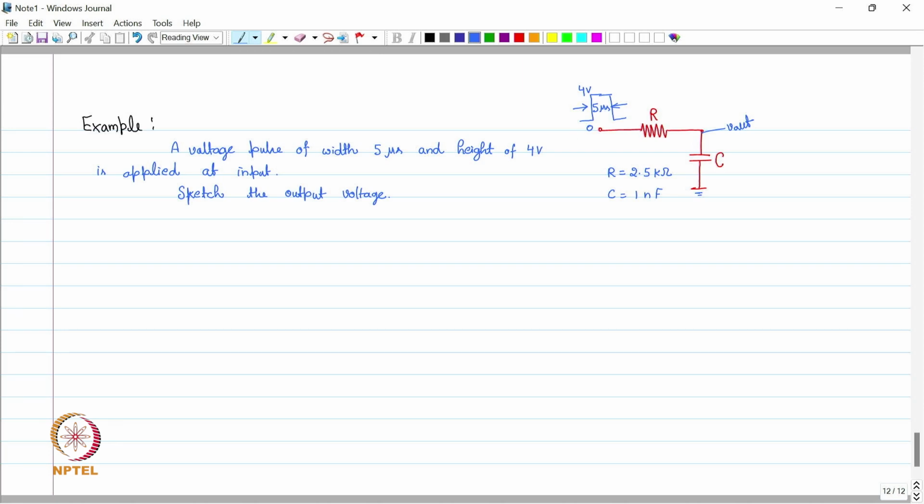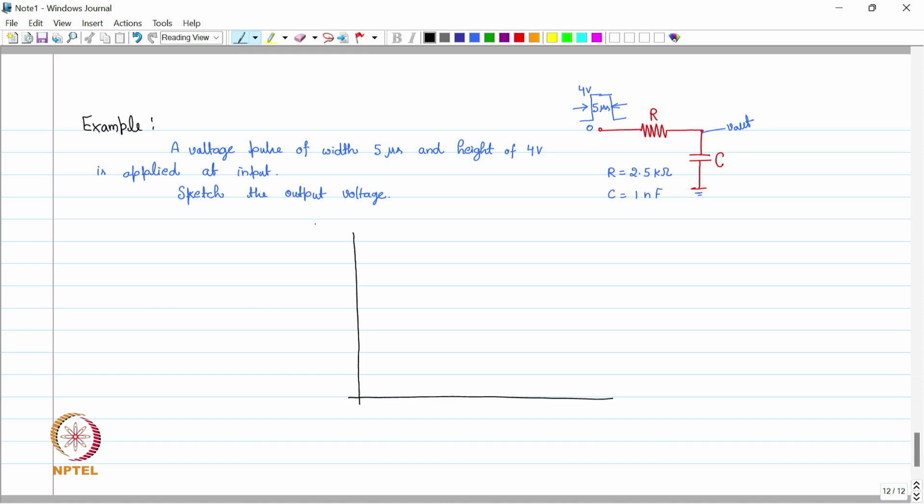And after 5 microsecond, when the input is transitioning back to 0, the output will follow the input and again go back to ground. So we can plot the output versus input, and it will look like this.